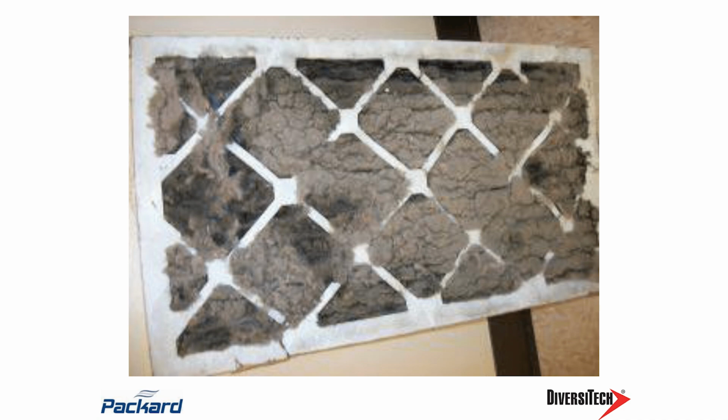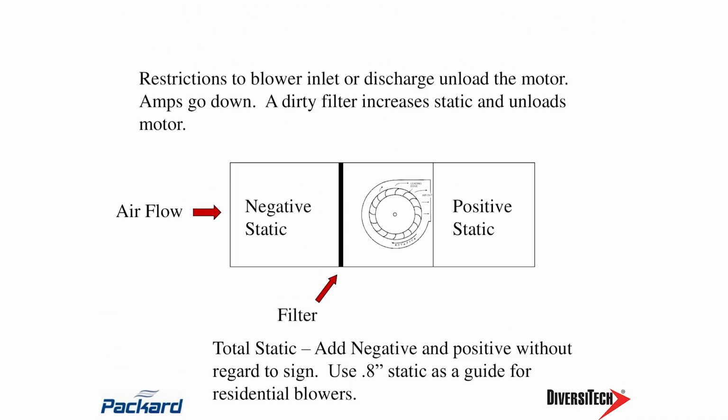Okay. Now let's assume that my filter is dirty. Dirty's bad, isn't it? A dirty filter is bad. Does that affect the static pressure? What will it do to the static pressure? Increase it. So what does that do to the load on the motor? Dirty filters. Does that make the motor work harder?